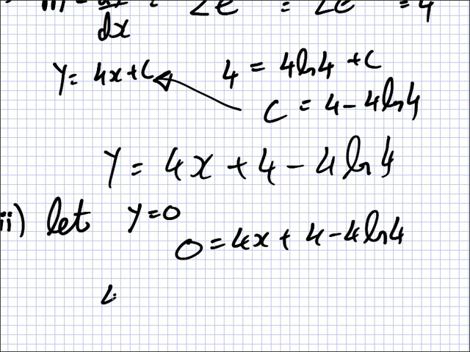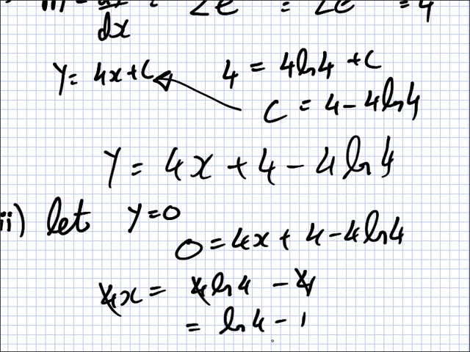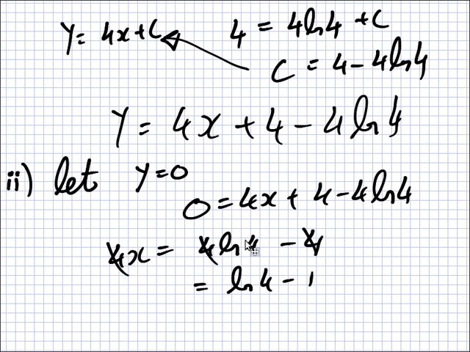So that means 4x equals 4 log 4 minus 4. Cancel the 4s, and you get x equals log 4 minus 1. Which is right, because they say that it should be this in the question.